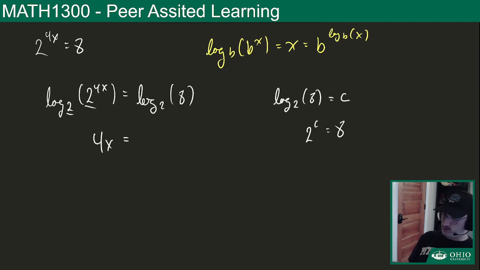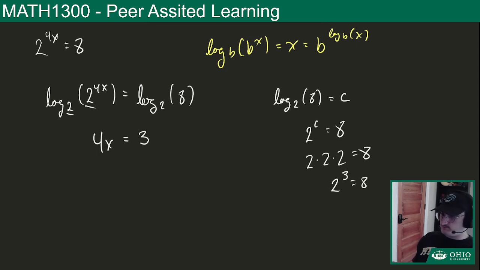So, sorry, I should be more accurate with how I'm doing this. 2 times itself 0 times, so a single 2 is 2. 2 times itself again is 4, and then 2 times 2 times 2 is 8. So let me be very clear with the calculation I'm doing. If I multiply 2 3 times, I get 8, and so that means that 2 to the 3 equals 8. In other words, the other side of my equation is 3.